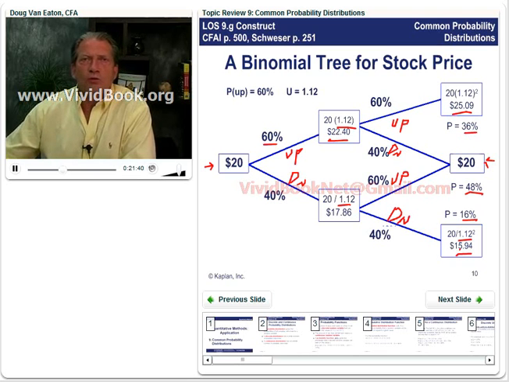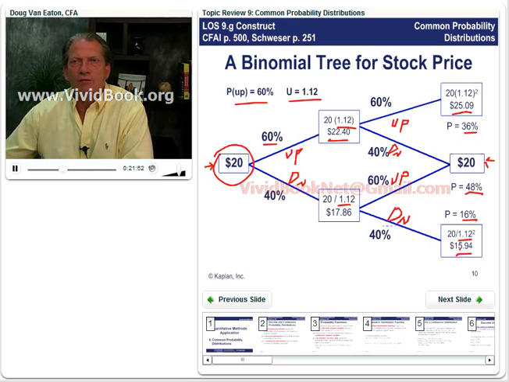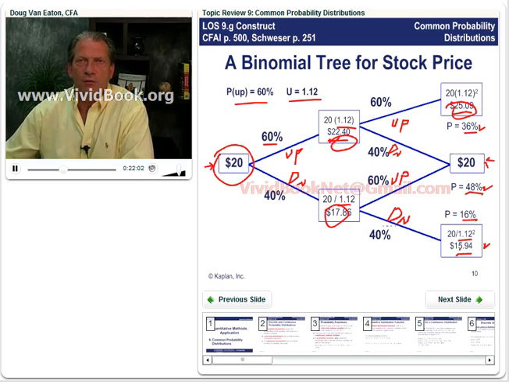So make sure for a binomial tree, if you're given the probability of an up move and the size of an up move and the beginning price, that you can calculate all the probabilities out here from that information, plus the prices at every node, just from those 3 pieces of information. And if you can do that, you're in good shape.